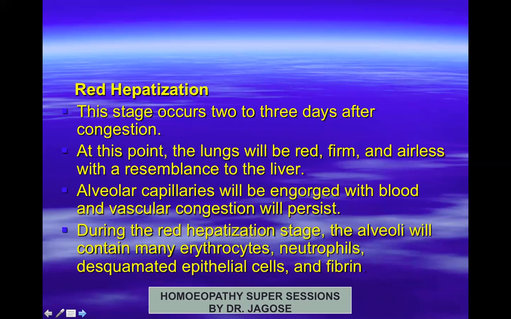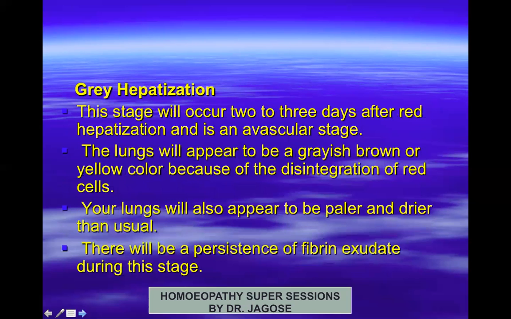Red hepatization occurs 2 to 3 days after congestion. At this point, the lung will be red, firm, and airless, and will resemble the liver. Alveolar capillaries will be engorged with blood, and vascular congestion will persist. And during the red hepatization stage, the alveoli will contain many erythrocytes, neutrophils, desquamated epithelial cells, and fibrin.